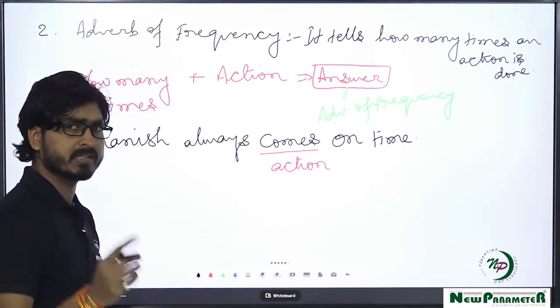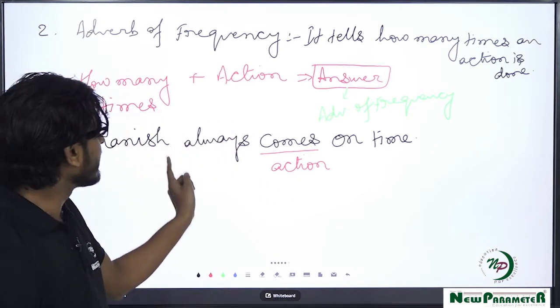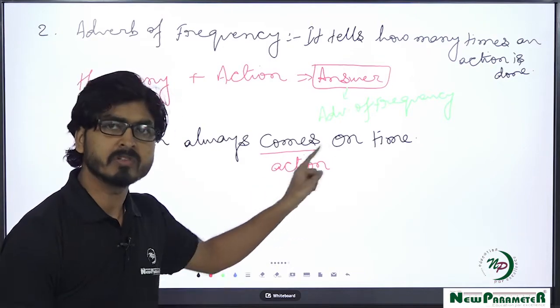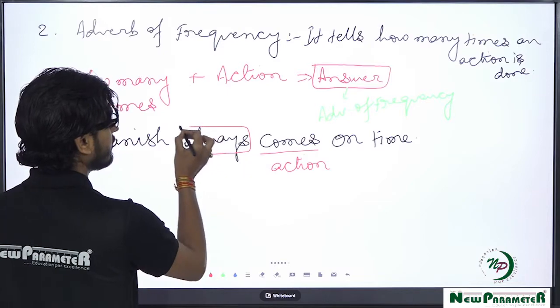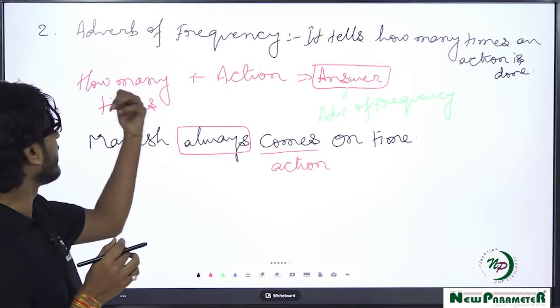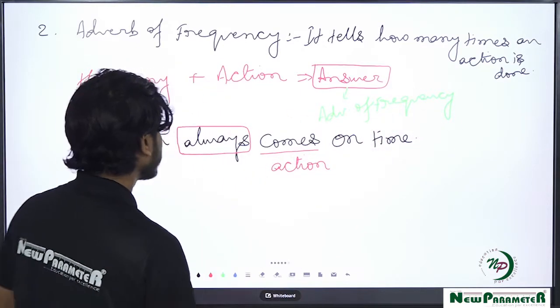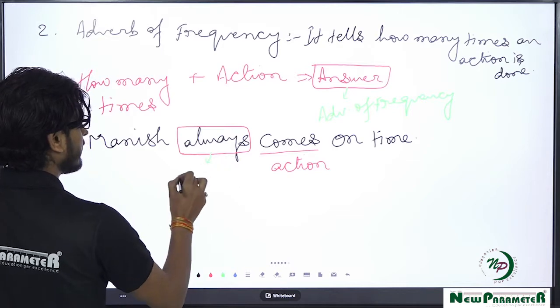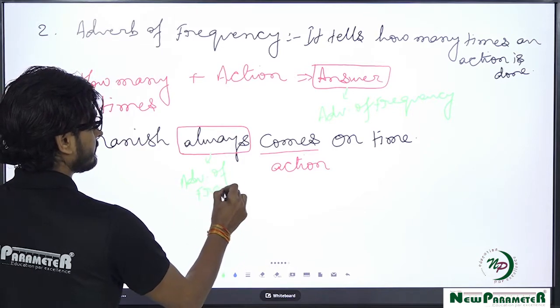If I ask a single question to this action, how many times Manish comes late or comes on time, we get an answer that is what? Always. And whatever answer we get of how many times will be what? An adverb of frequency. So we can say this is what? An adverb of frequency.